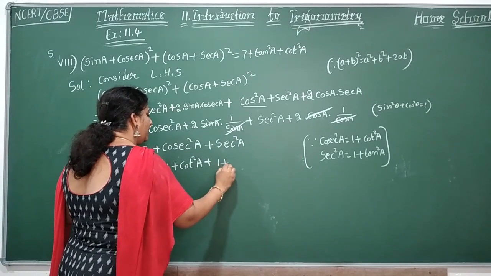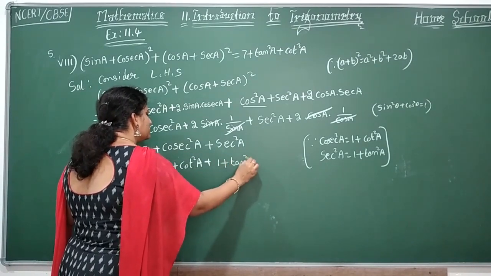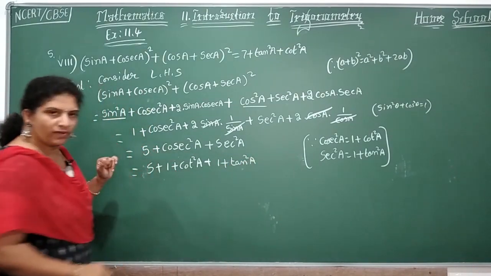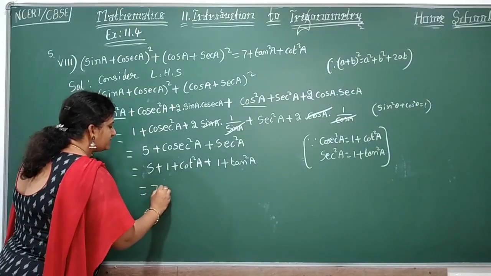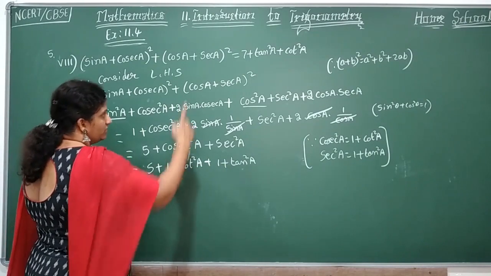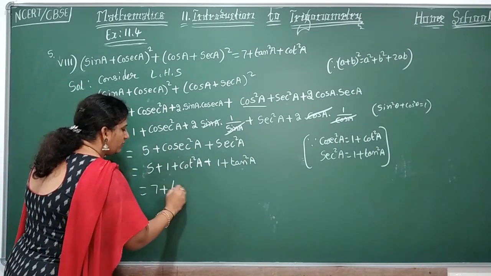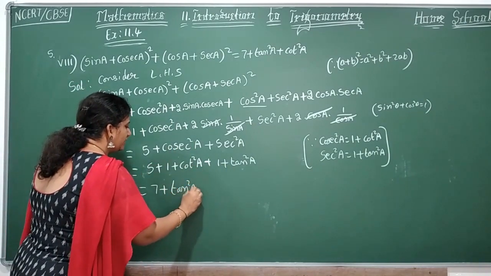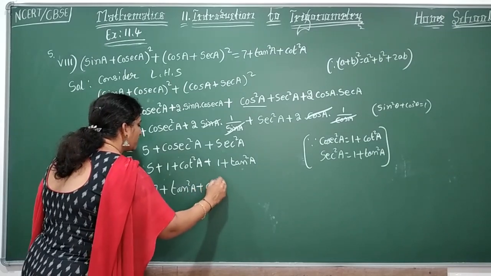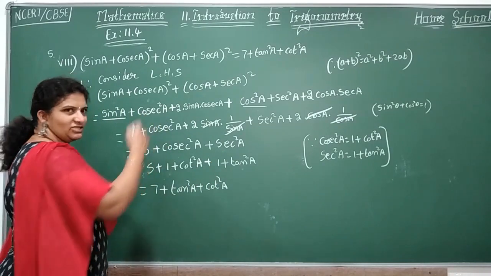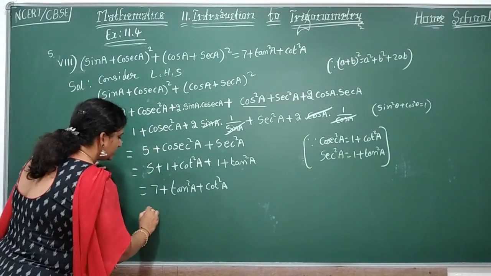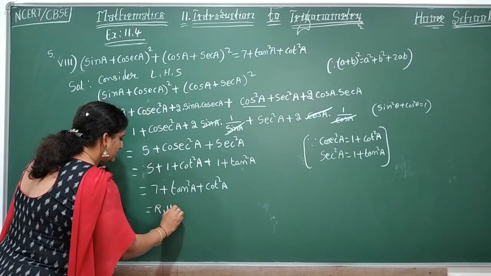By the identity, 1 plus tan square A. Again, numbers you add children here. 5 plus 1, 6. 6 plus 1 will be 7. Plus, at a time you can write like this, tan square A plus cot square A. Instead of cot square A plus tan square A, I have written, right, to match your RHS. So it is same as your RHS.